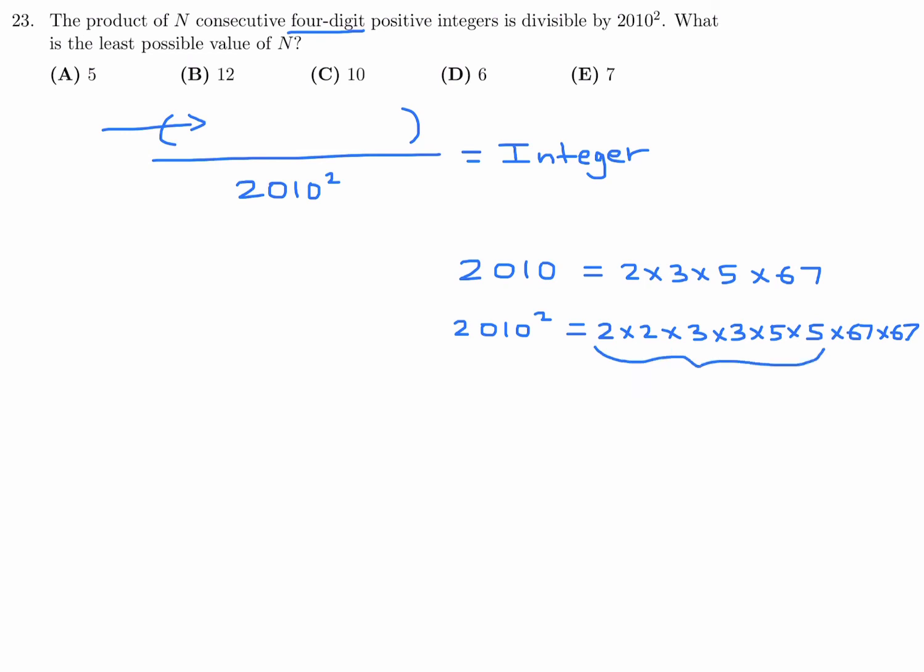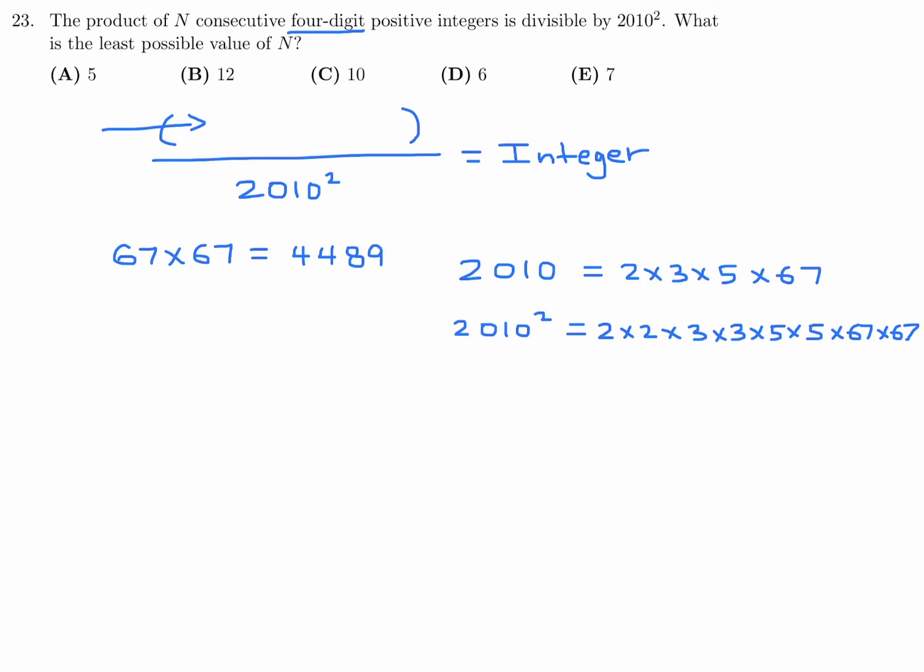Interestingly, even if you take all of them and multiply them together, you still don't get a 4-digit number. You get 900. So the only way to get a 4-digit number that includes the prime factors is to involve the 67s. Obviously, one such number would be 67 times 67, and that number is 4489.